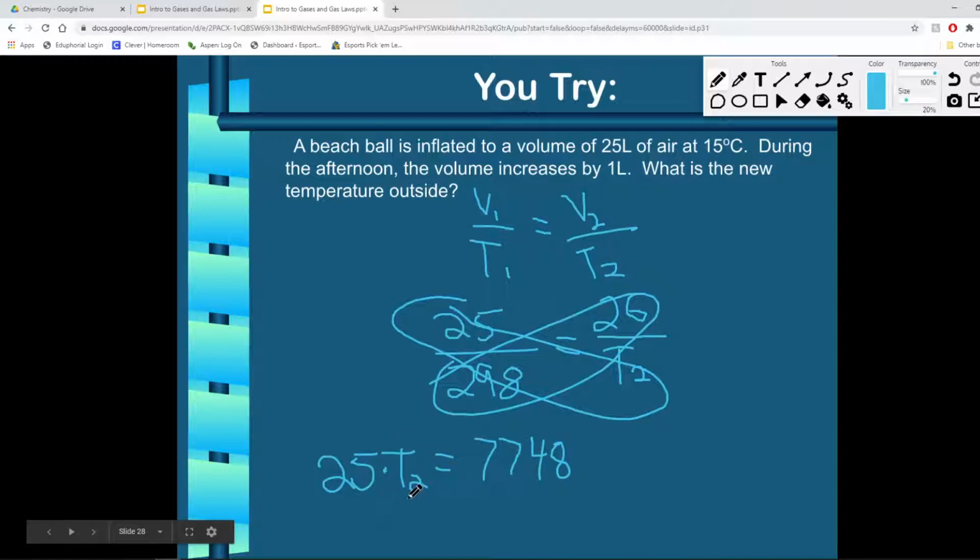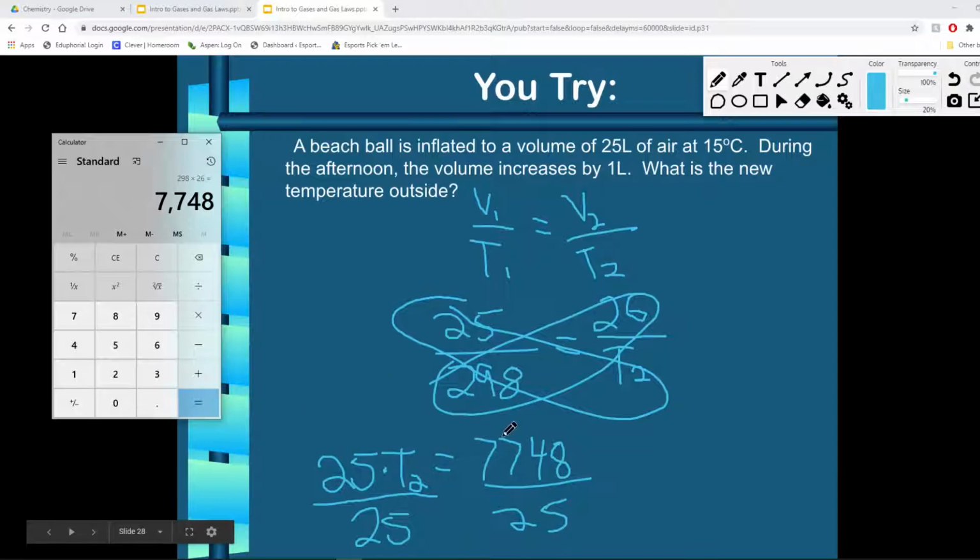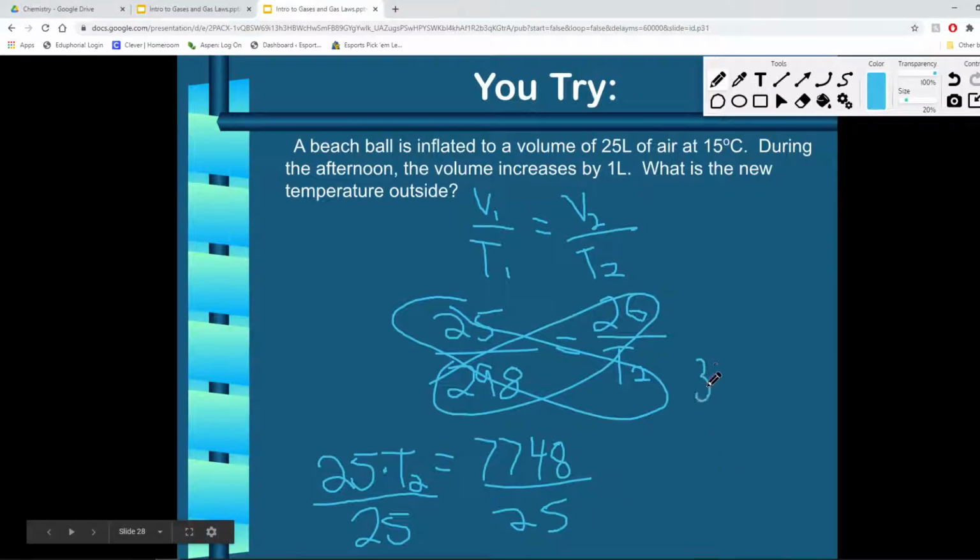And then to get T2 by itself, we have to divide both sides of this equation by 25. So here, 7748 divided by 25 gives us 309.92 Kelvin.